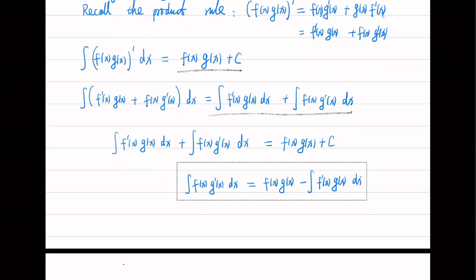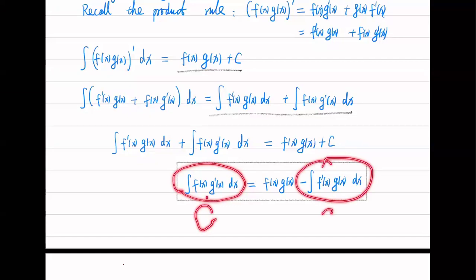And if you compare these two formulas, two equations, you can see I dropped this constant. Could you explain why I could drop the constant from the formula? Because this integral comes with an integral constant, and this one also has an integral constant.